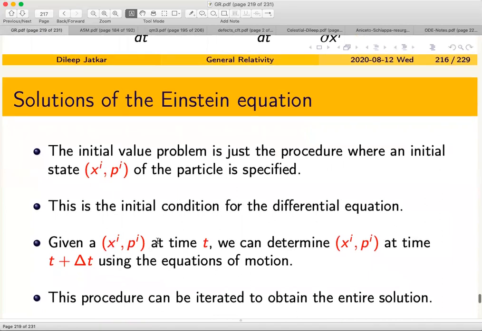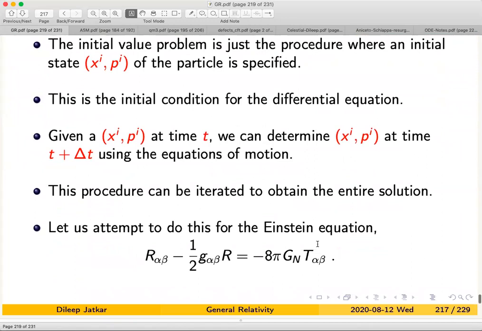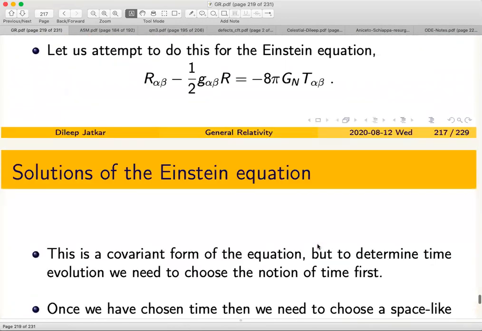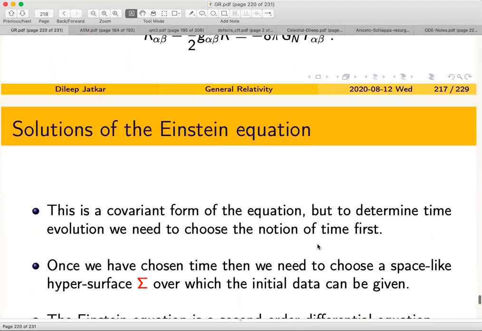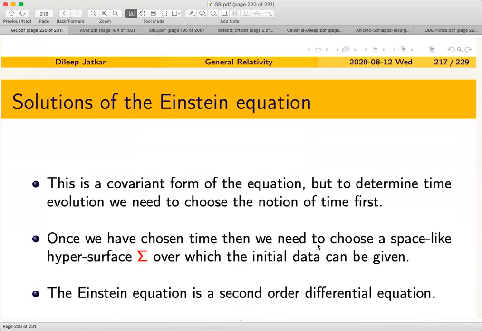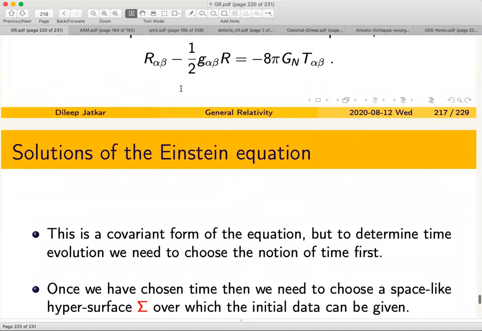When you look at the Einstein equation, it is completely in a covariant form. So we'll have to ask several questions to be able to do it in the initial value problem form. First, we'll have to determine the time evolution of the variables, and to do that you have to choose a notion of time.